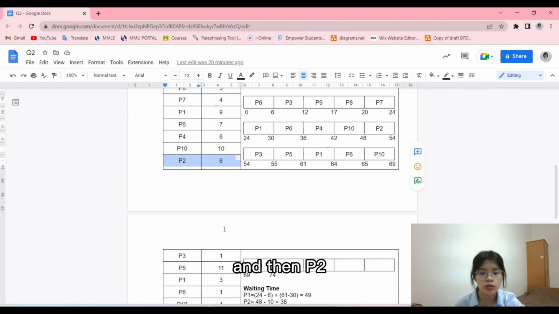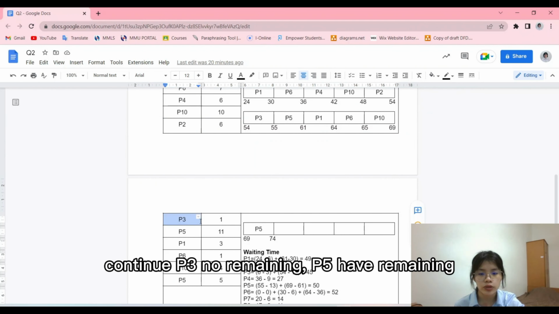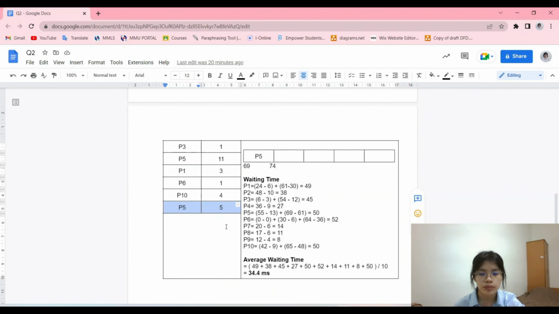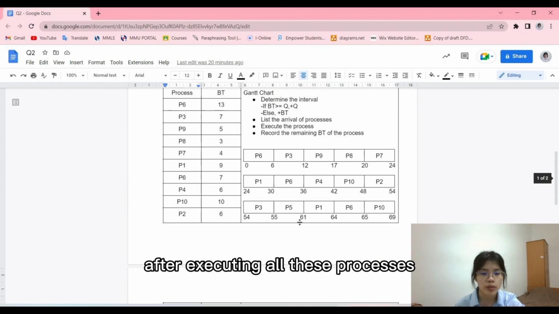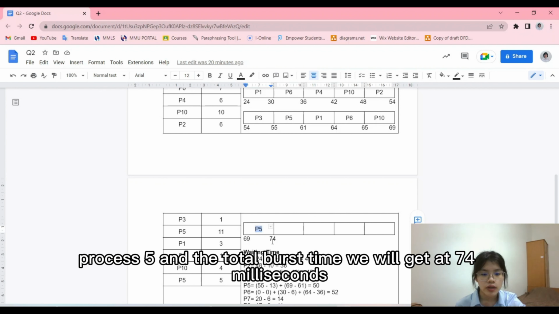And then P2, 6 burst time, so no remaining. Continue P3, no remaining. P5 has a remainder of 5 milliseconds.